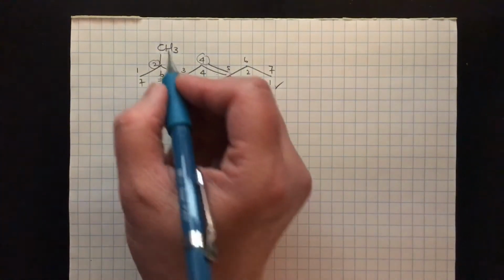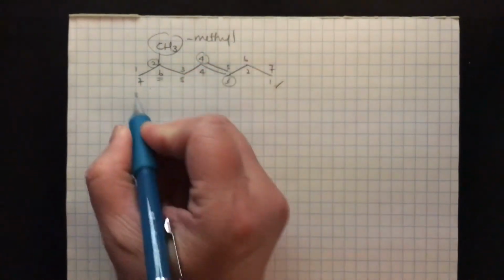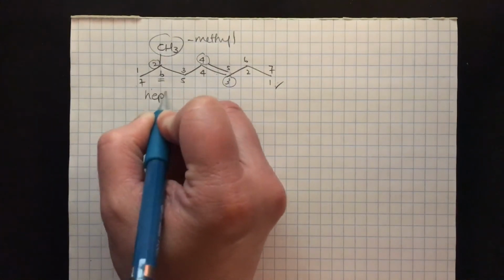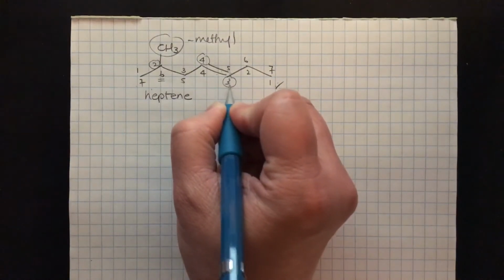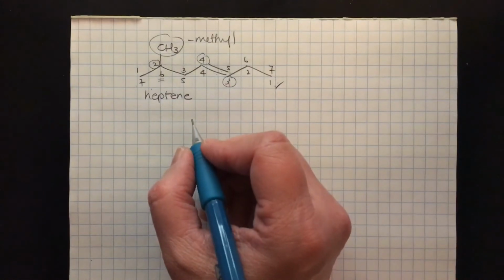In this case, this again is our methyl group. We have a 7-carbon chain, so this will be a hept. And since there's a double bond, there will be an ene, and this double bond is at the 3rd carbon. So how do we go about naming this?